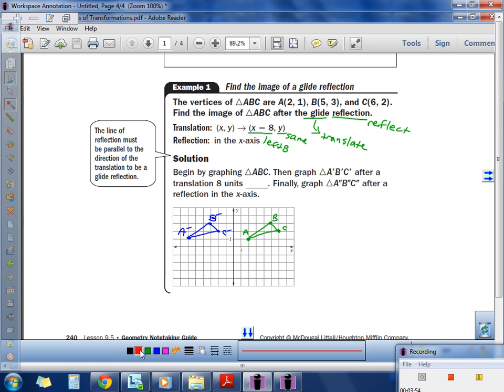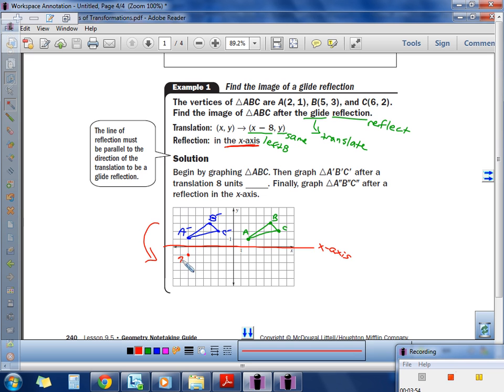After that, we can perform our reflection. And it says reflect over the x-axis. So I would highlight the x-axis to remember that's the line I'm going to reflect over. And we like reflections most of the time. They're usually pretty easy. So you figure out the distance from the point to the line. So this is 1 up. I need to go 1 down.